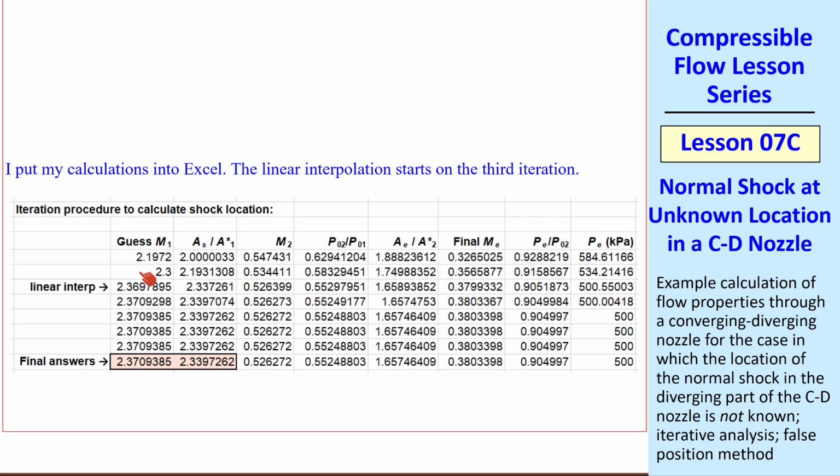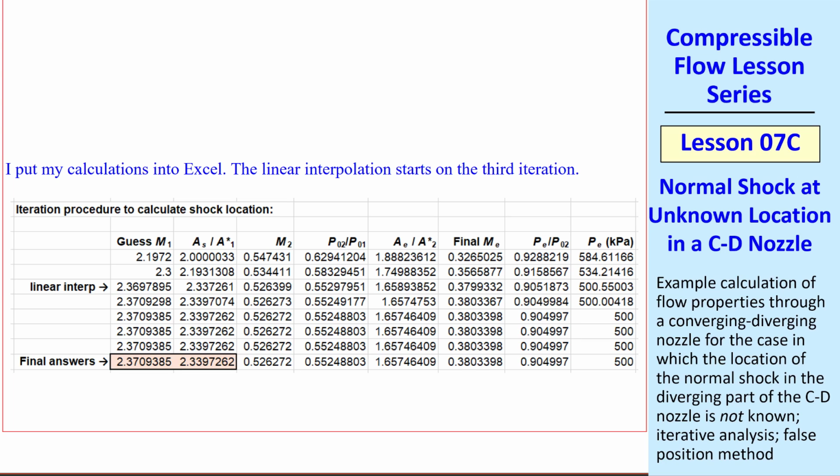Here's my first guess and my second guess. And you could see the area ratios, Mach numbers, stagnation pressure ratios, AE over A star 2, the final ME, the final PE over P02 ratio, and PE in kPa. You can see that both 584 and 534 are bigger than our value.